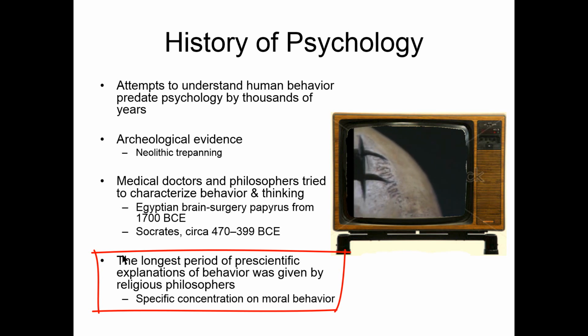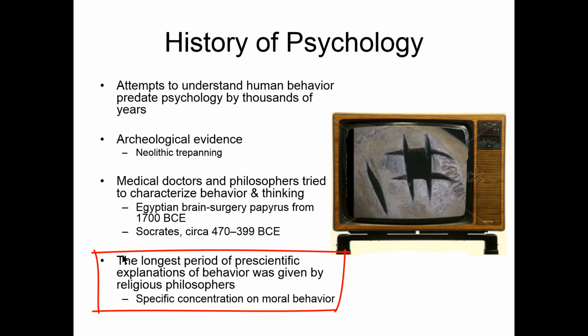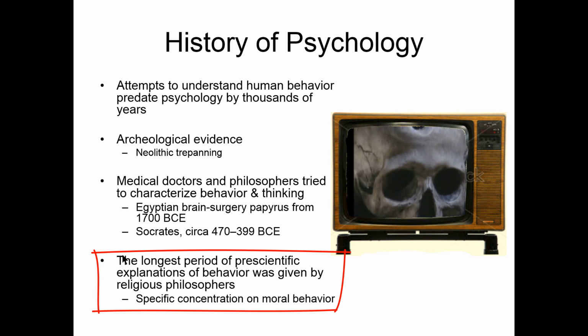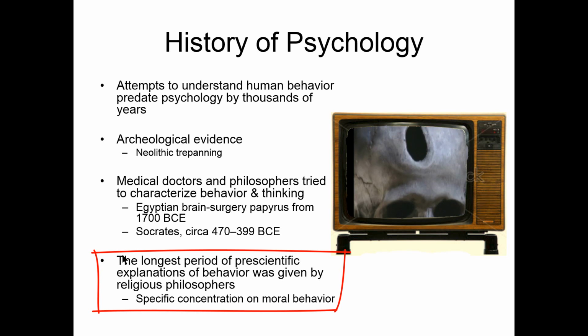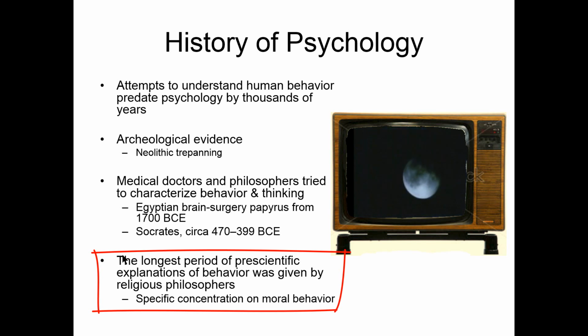So again, not general scientific questions about why behavior occurs, but as you might imagine, somebody who's involved in religion is going to take up the torch from people like Socrates and Plato, where they talk about the general nature of human beings and whether or not they're good or evil.